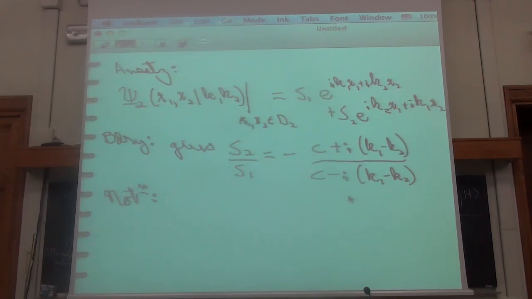But there is much more to be said about that. In the end, the answer depends on the form of interactions that you have. If your interactions are repulsive, then all solutions to the Bethe equations are for real momenta, real K1, K2.